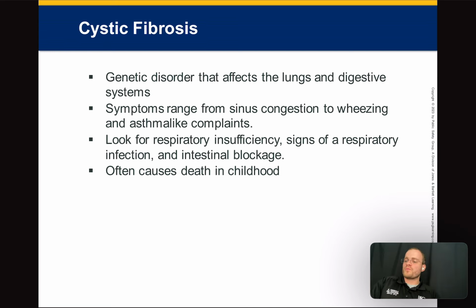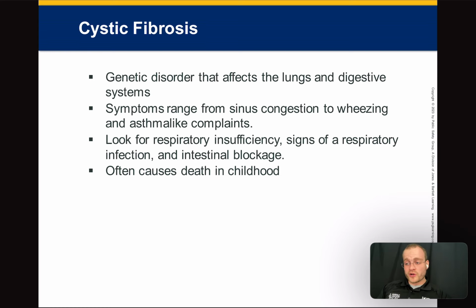So instead of having fluid in the lumen of the bronchioles, it ends up drying up because the salt and chloride channels have been reversed, or they're not working properly. So you'll end up with dehydration of the secretions, and what happens is the mucus becomes very thick.